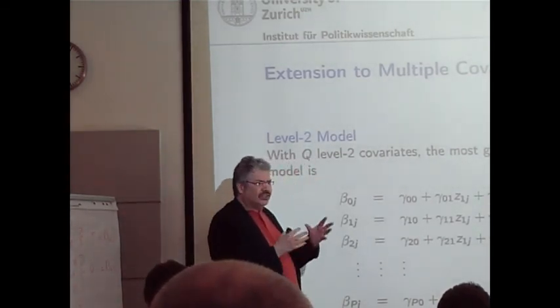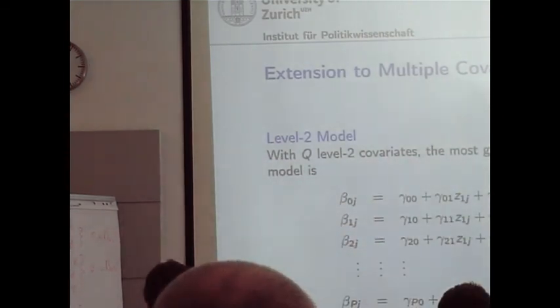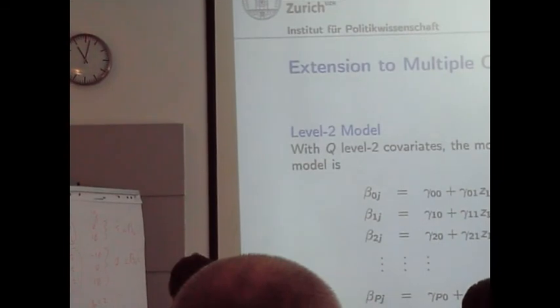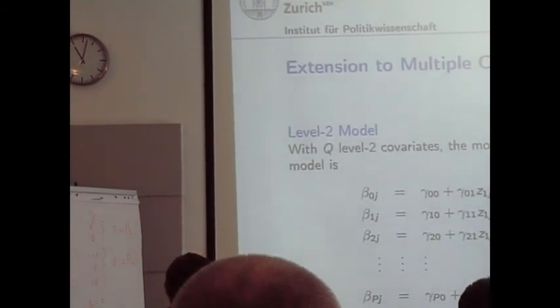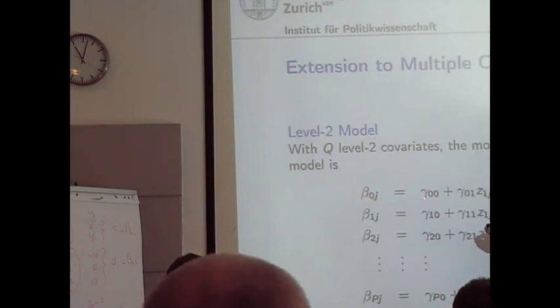Finally, just to give you a sense of why I picked these subscripts on the gammas the way I do, it's probably a pattern you can start to detect here. The first subscript always corresponds to the number on the random coefficient. So we have beta 0j, the first subscript on the gammas is always a 0. If we have beta 1j, the first subscript on the gammas is a 1.